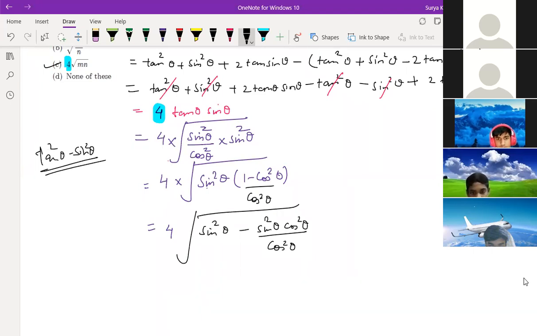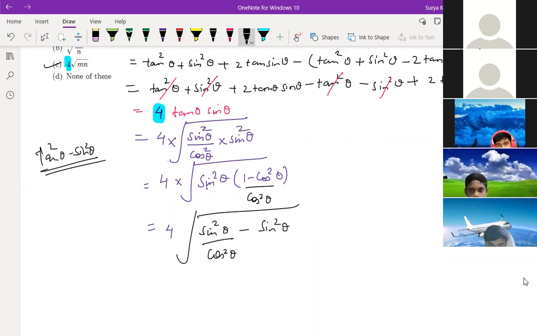Say once again. After this step, 4 into root over of sine square theta into 1 minus cos square theta by cos square theta will get the value as sine square theta by cos square theta minus sine square theta, the root over into 4. How is it coming like this?